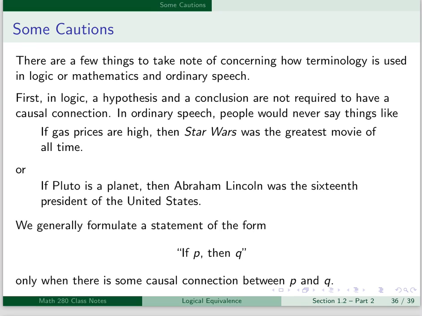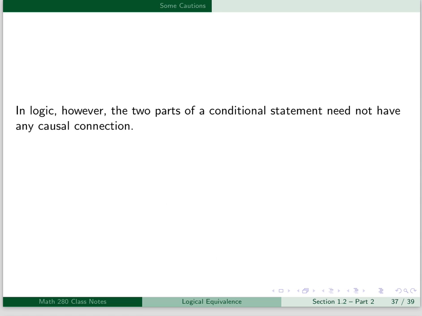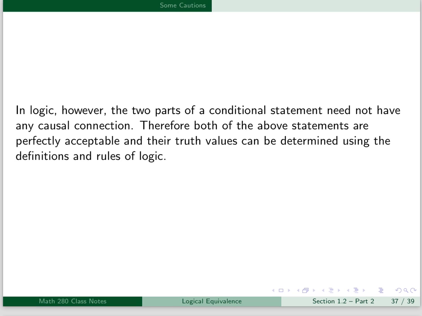We generally formulate a statement of the form if P then Q only when there is some causal connection between P and Q. In logic, however, the two parts of a conditional statement need not have any causal connection. Therefore, both of the above statements are perfectly acceptable, and their truth values can be determined using the definitions and rules of logic.